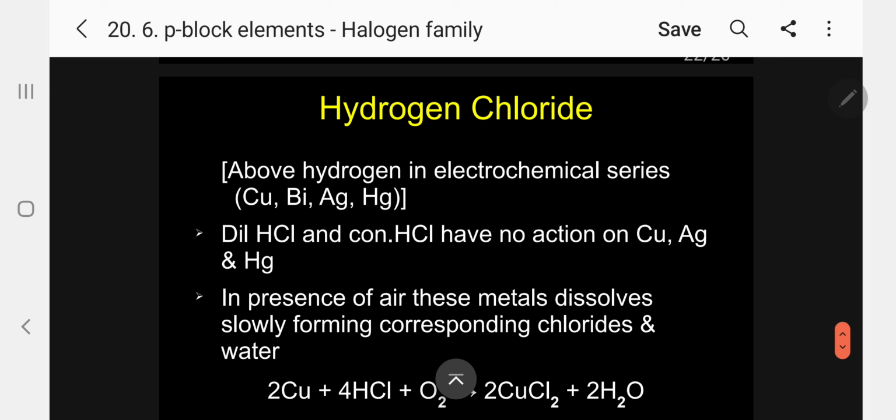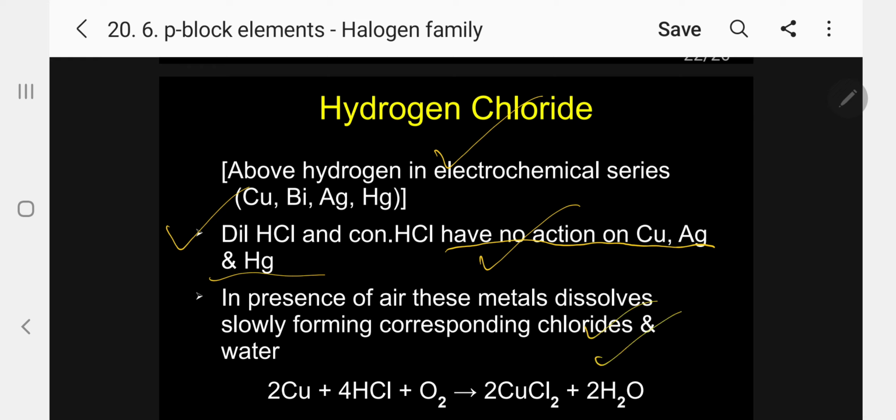The interesting information: above hydrogen in the electrochemical series, we know copper, silver, mercury, gold. So dilute as well as concentrated HCl have no action on coinage metals. Copper, silver and mercury show no reaction. In the presence of air, these metals dissolve slowly, forming the corresponding chloride and water.